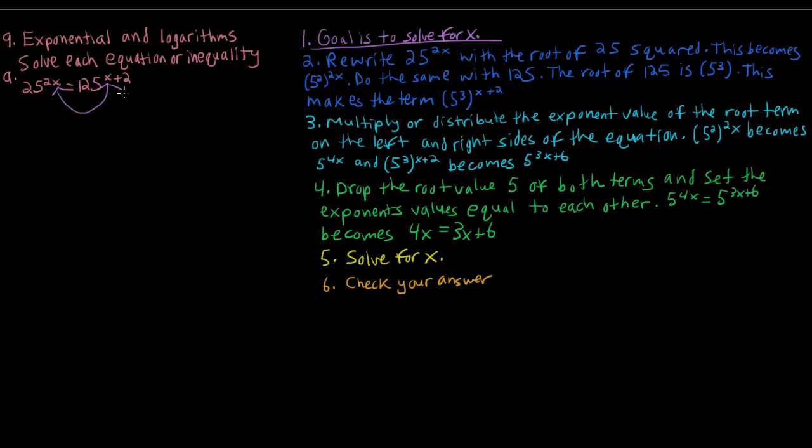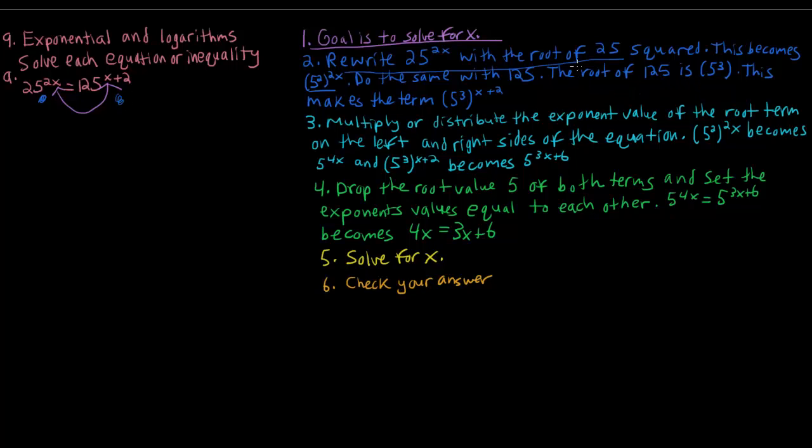So to begin with, we want to go ahead and rewrite these different terms. We need to rewrite 25 to 2x and 125 to x plus 2. We need to write them with their roots.